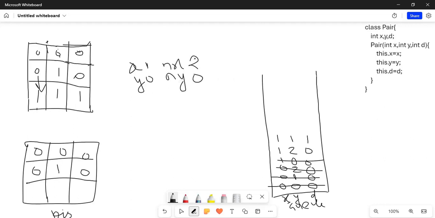For this cell the answer will be d plus 1. Here d is 0, so 0 plus 1, that means 1. At cell 1 0 the nearest 0 is at distance d. So for the new x and new y the nearest distance will be d plus 1. Here d is 0 plus 1, that means this value will be 1.